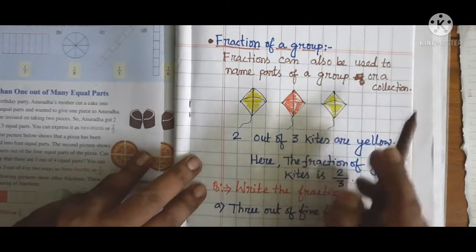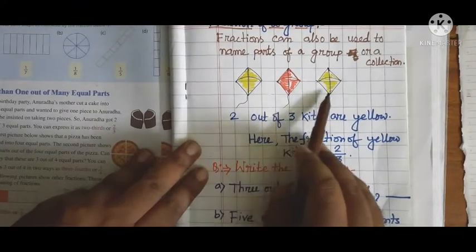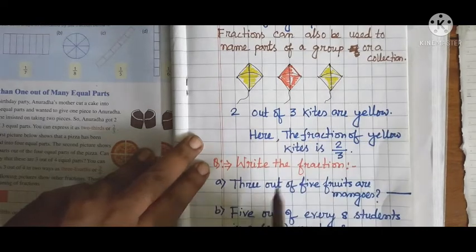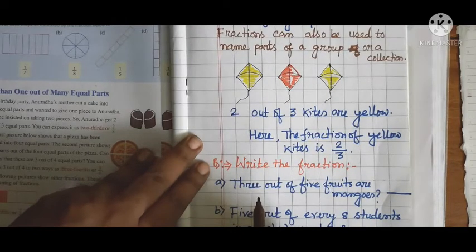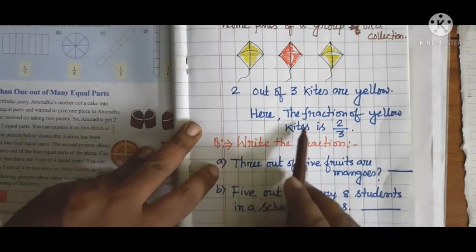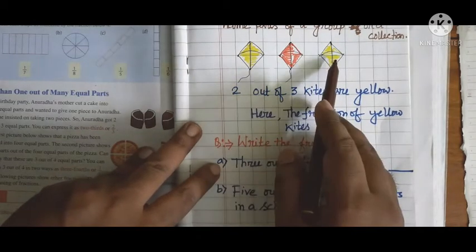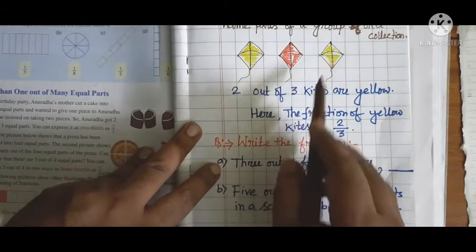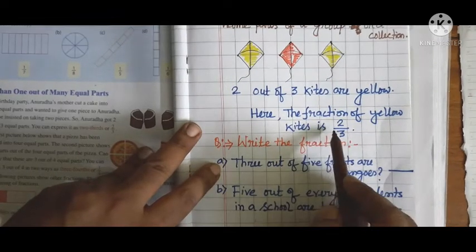Here there are 3 cards and 2 out of 3 are yellow. Here the fraction of yellow cards is 2/3. Out of 3 cards, 2 are yellow, therefore we can write it as 2/3.